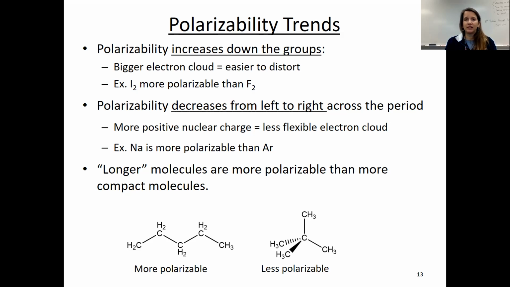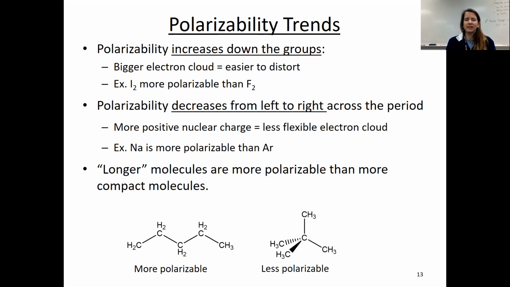Now polarizability is going to decrease as we go left to right across the period. So if we go back to periodic trends way back in like October or something, we were talking about how as we go left to right across the period, our effective nuclear charge is increasing because we're adding more protons into our nucleus. So when we have a greater positive nuclear charge, we have greater attraction to the nucleus, and that results in a less flexible electron cloud.